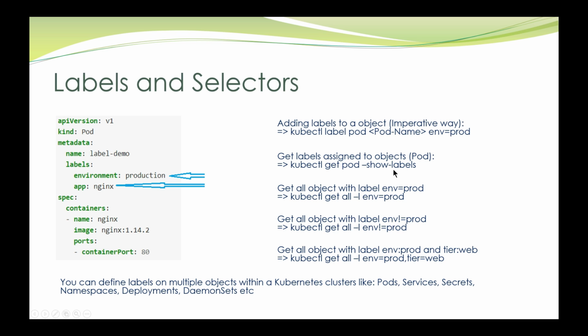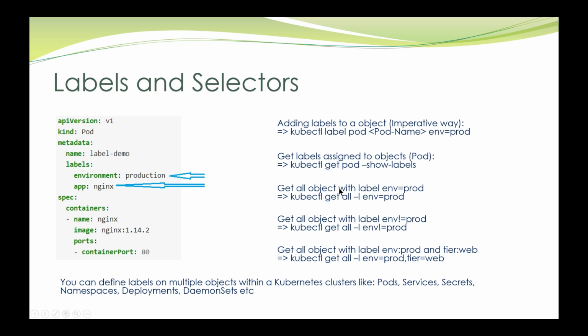It will show all the labels in the default namespace for all the pods. All the pods will get listed by this query, and it will also display whatever labels are assigned to them. We will look into all these things in our lab session.